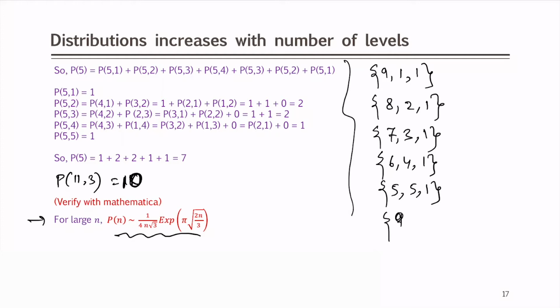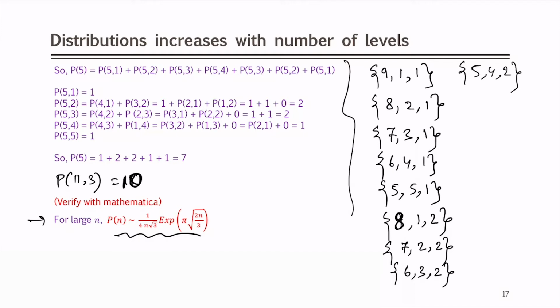Now, I can say 8 1 2 is one possible way, 7 2 2 is another possible way, 6 3 2 is another possible way, 5 4 2 is another possible way. Now, 4 5 2 will repeat.